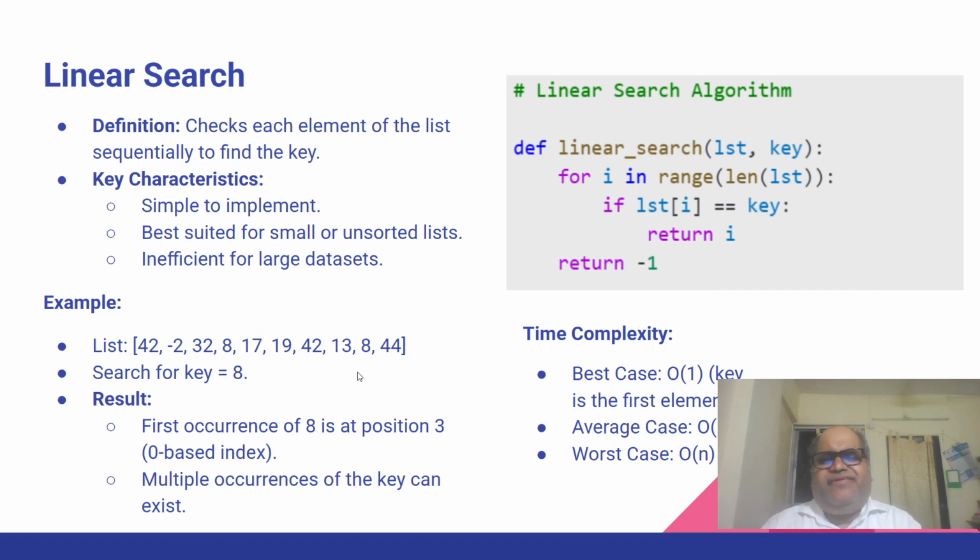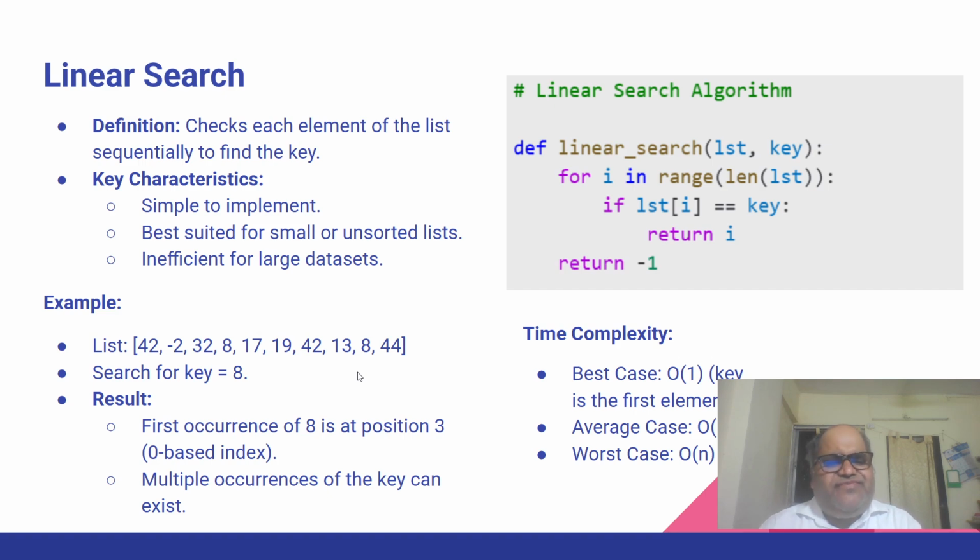It's very simple to implement, as you might see in this linear search algorithm box, right? You provide the list where you want to search and the key, and simply iterate over that list from beginning till end with a simple comparison of the current element and your key. If there is a match, you return the index, otherwise you return -1.